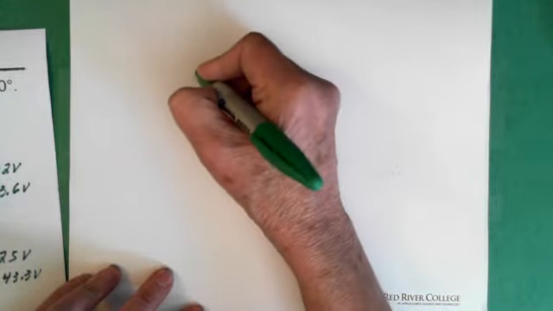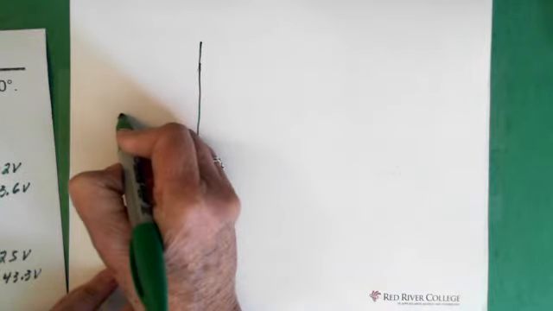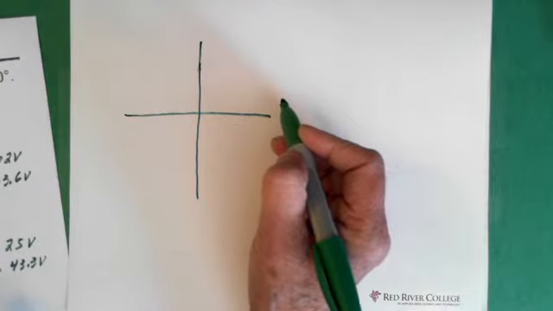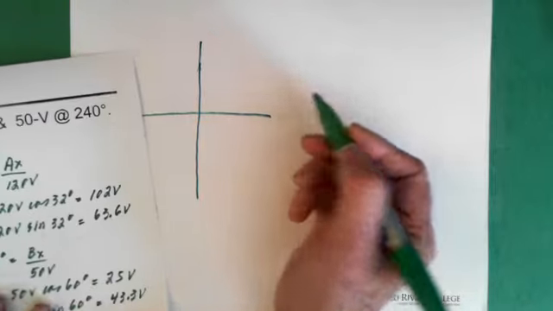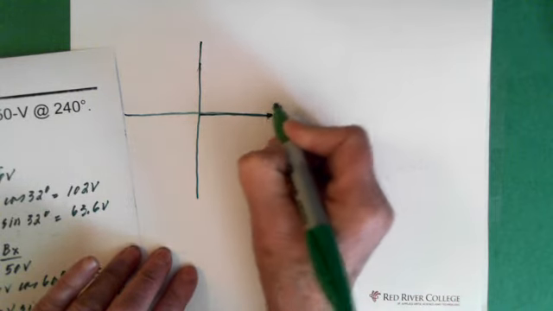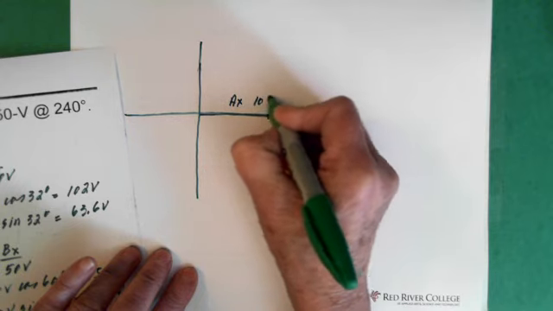So here we have our x and y axis. We know that AX is 102 volts. So there's AX, which is 102 volts.